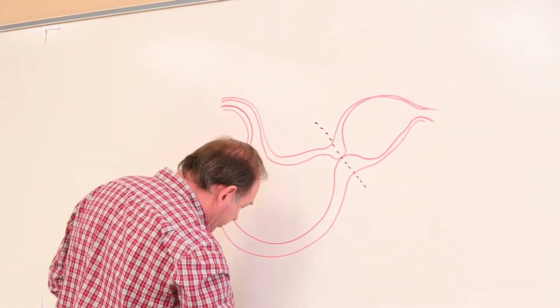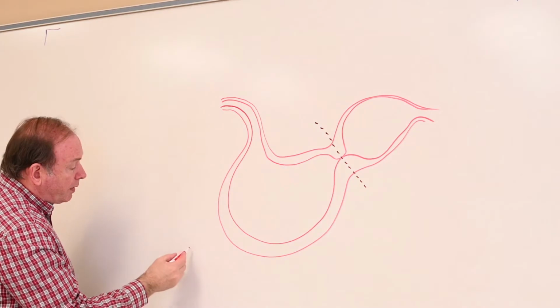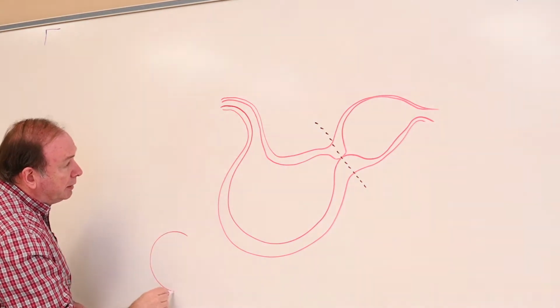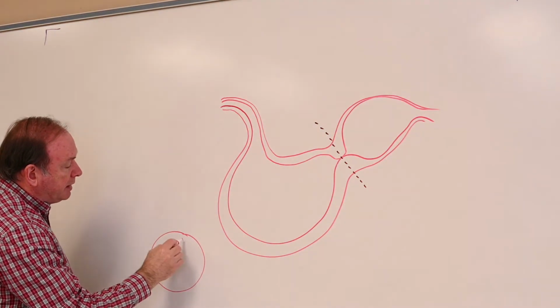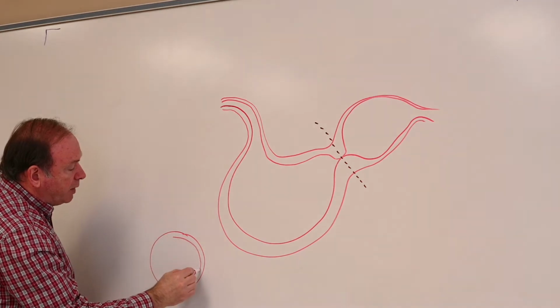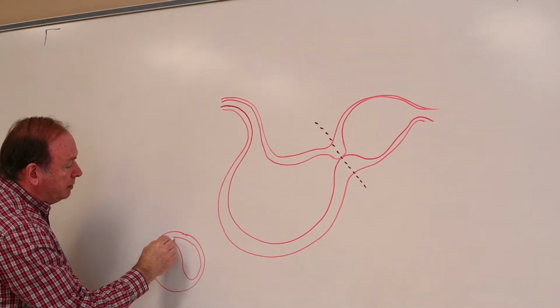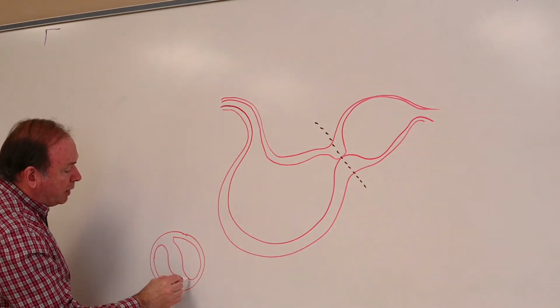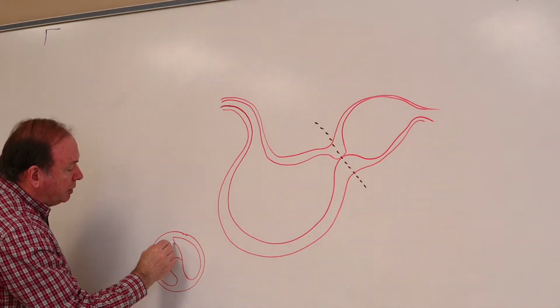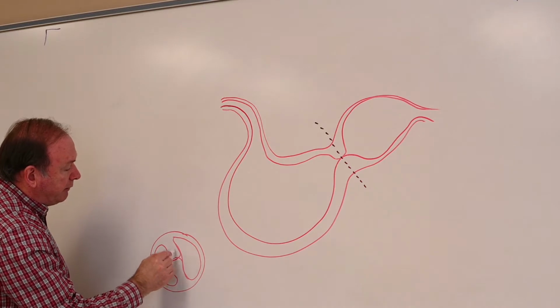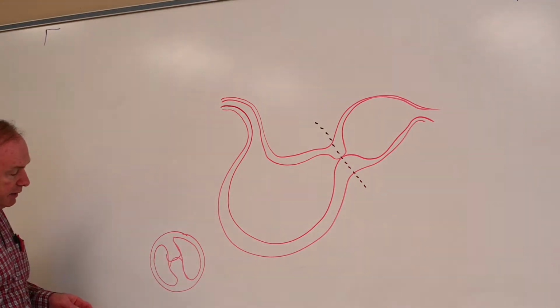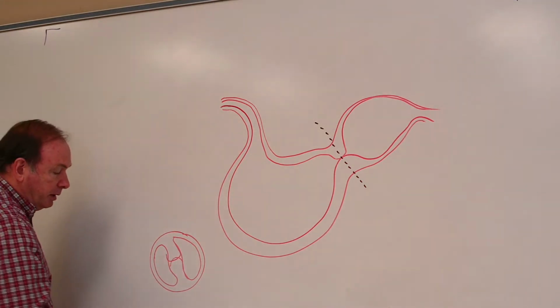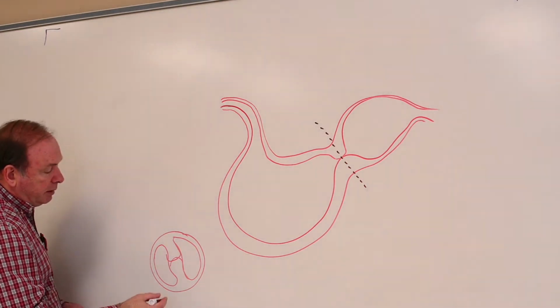So let's draw that over here. There would be the outside of it, and on the inside, we have one side of it that's still open, and another side of it that's still open. And this is where the two endocardial cushions from either side have come together to form a complete division through here.